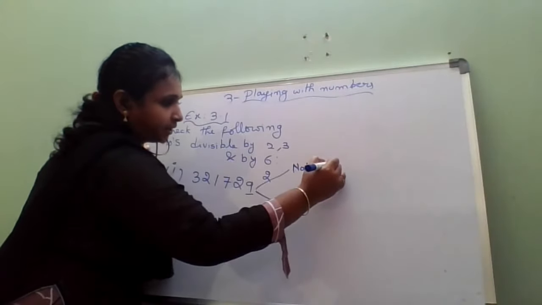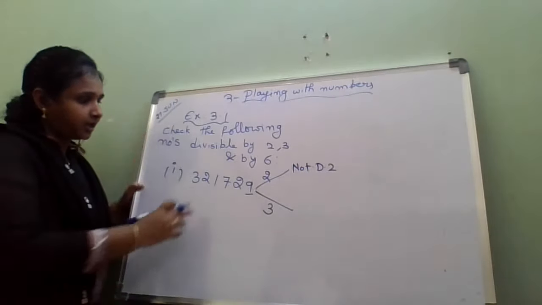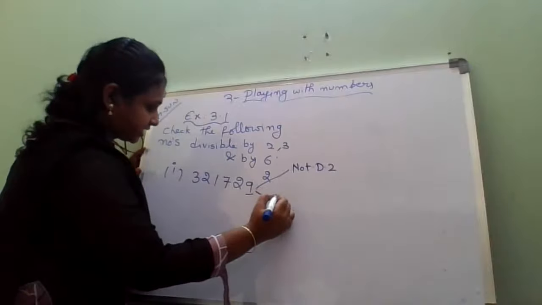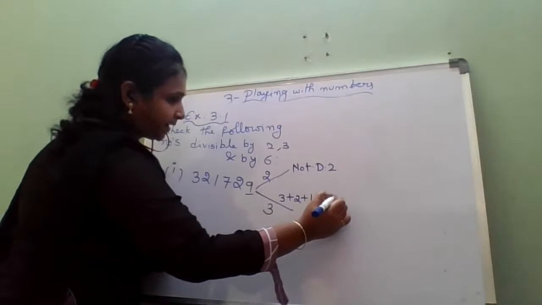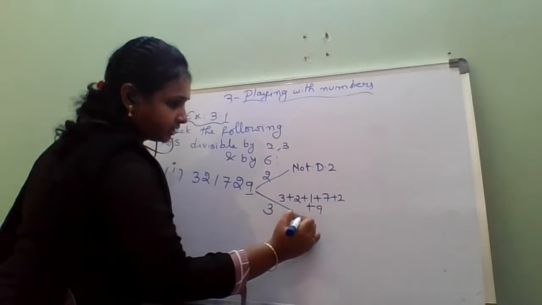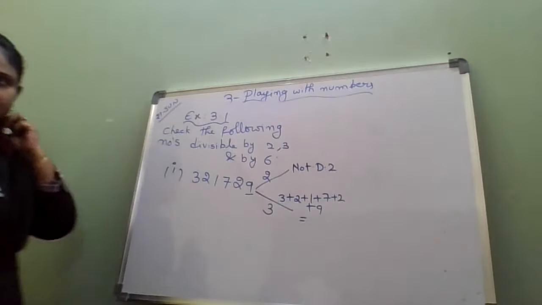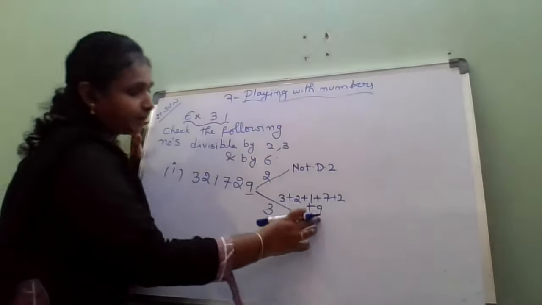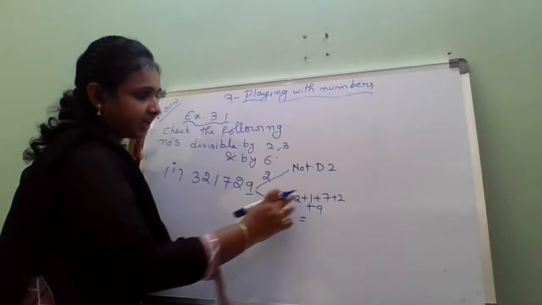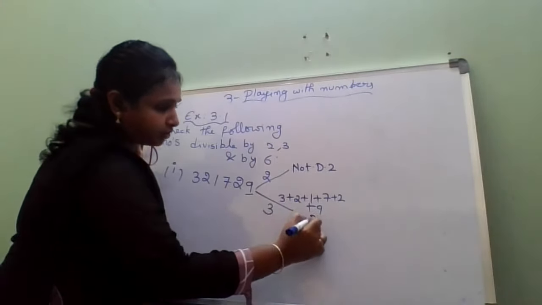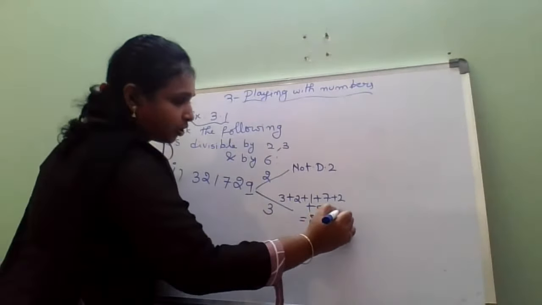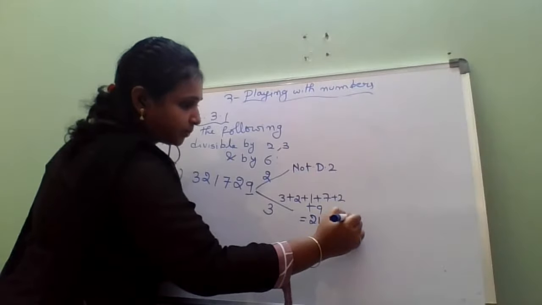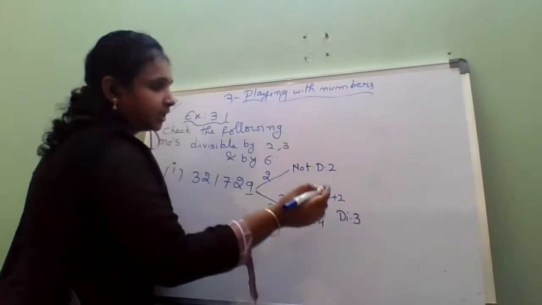Sum of the digits: 3 plus 2 plus 1 plus 7 plus 2 plus 9 is equal to how much? 9 plus 1 is 10, 17, 20, 24. So 24 is divisible by 3, so it is divisible by 3.